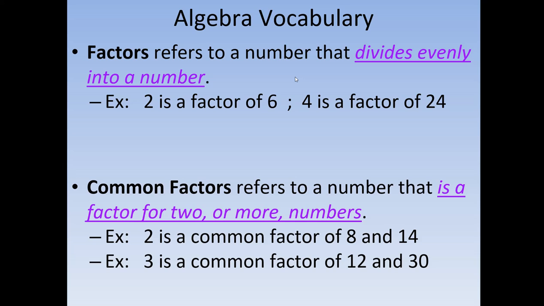Now, if you're trying to figure out factors, what I usually recommend is this. Start off by writing the number, put it into your calculator, and start dividing by all the prime numbers.